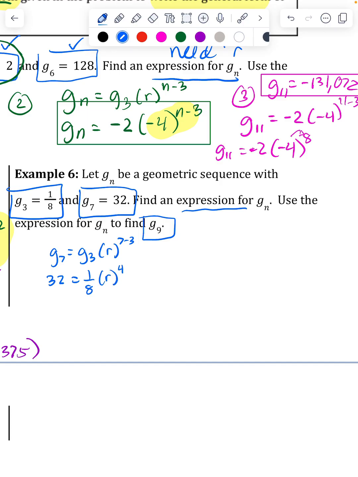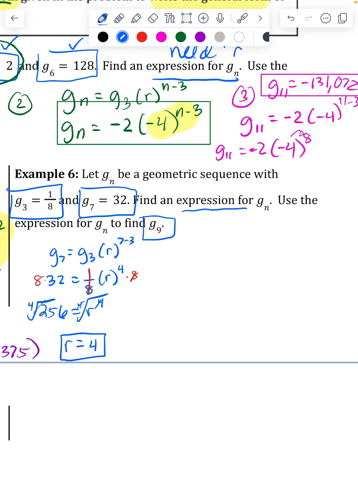So to get from 1/8 to 32, I'm trying to figure out what number I would multiply by 4 times. So to solve for this, I'm going to multiply both sides by 8 to get rid of that. So then I'm going to have 256 equals R to the 4th. So I'll need to do the 4th root of that. And my R is going to be 4.